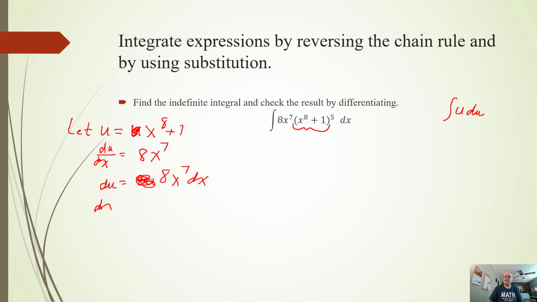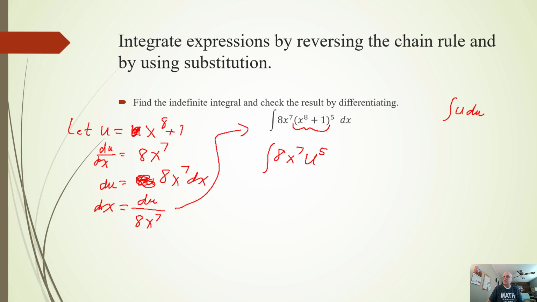So the dx itself would be du over 8x to the 7th. Now what we can do is put that right in there. So what we've got is 8x to the 7th, and this is going to be u to the 5th.